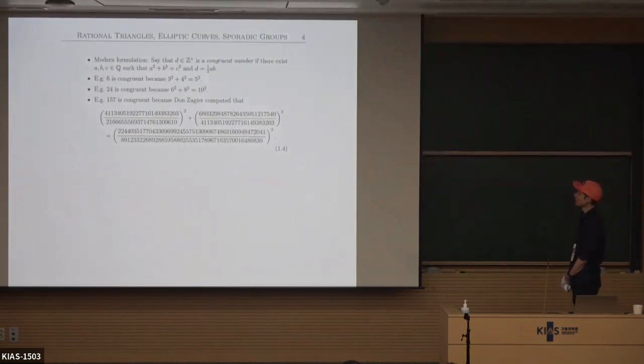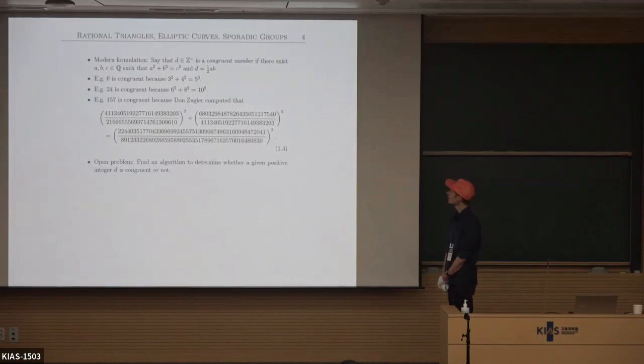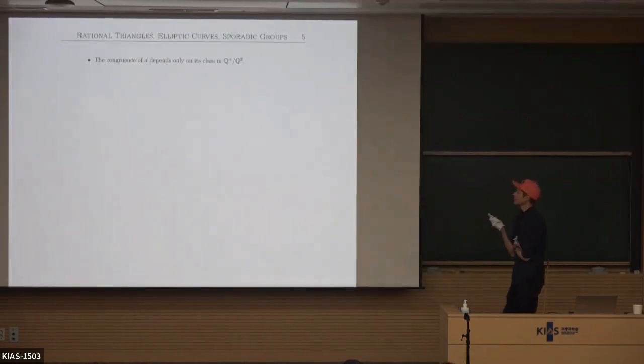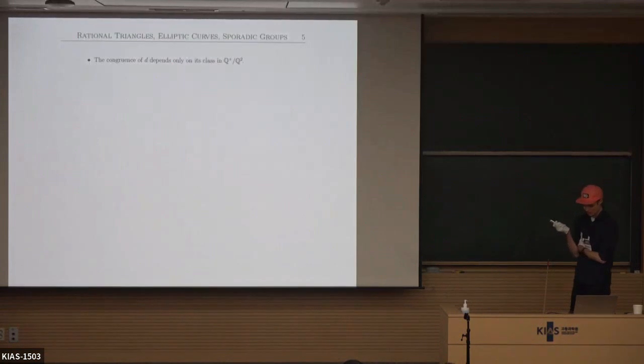So the problem of congruent numbers is still interesting because it's not that easy. This example comes to us from Don Zagier. Indeed, it's an open problem to find an algorithm that tells you whether a given positive integer is congruent or not. Okay. All right, so let's turn this problem into another problem.